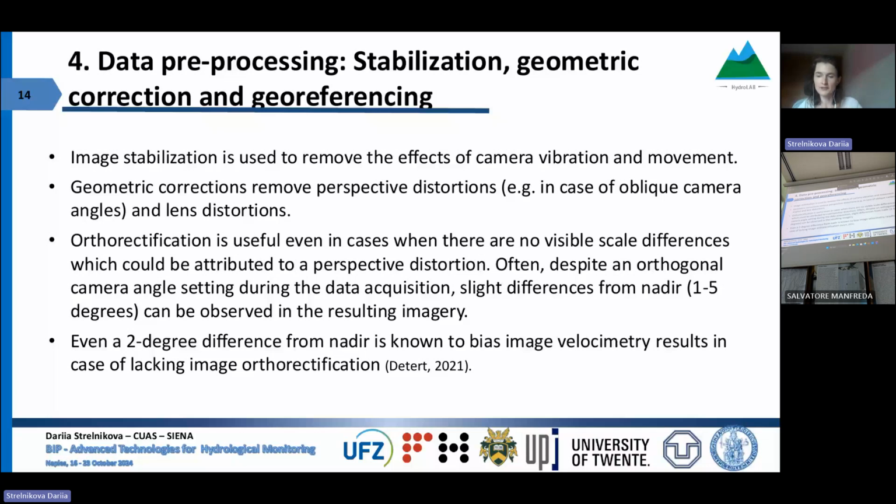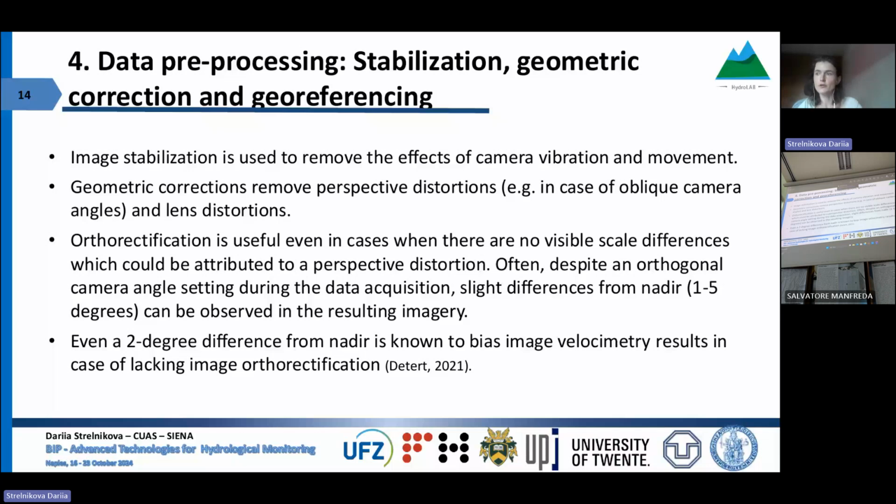You still cannot guarantee that your recording was all the time at nadir. When you perform auto rectification later, very often you see that a small change in angle is observed during the recording, especially in longer footages, and even a very small deviation from nadir.